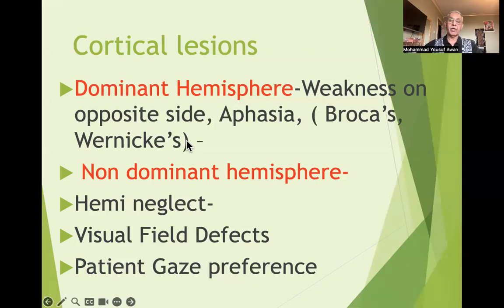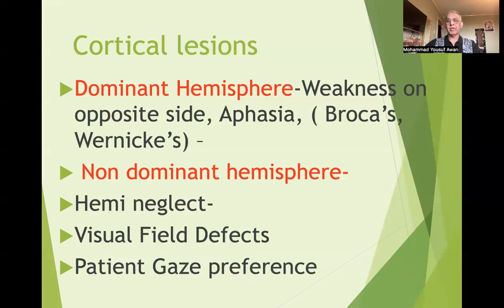In the non-dominant hemisphere, there is hemineglect. The weakness will be on the opposite side, but the patient will neglect that side of the body, and there will be visual field defects and gaze preference. Gaze preference means the stroke patient looks toward the side of the lesion, so if they are looking towards the right, the right side of the brain is affected.